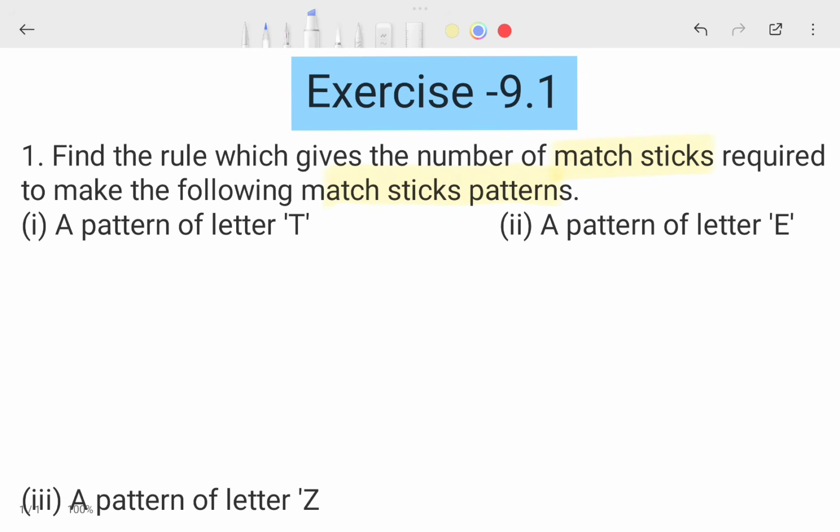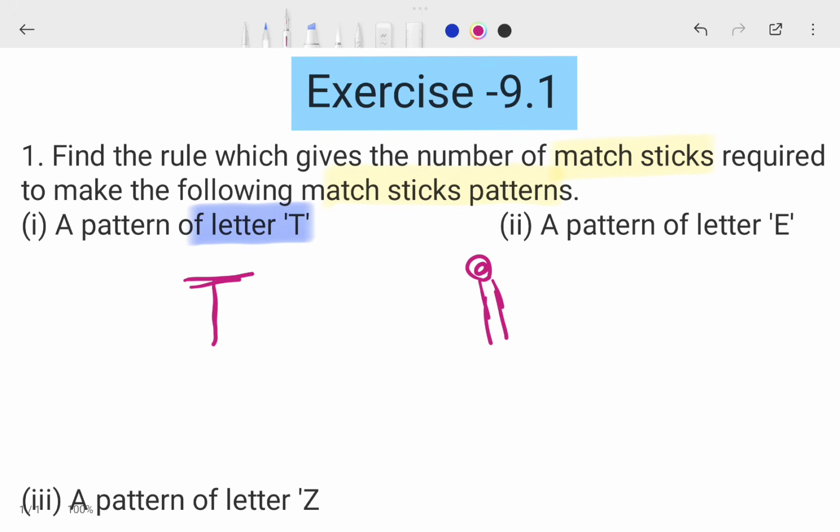If you want to make the pattern T using matchsticks, how many matchsticks do you need? This T is made with one straight line and another line. Two lines make the T, so we need only two matchsticks.